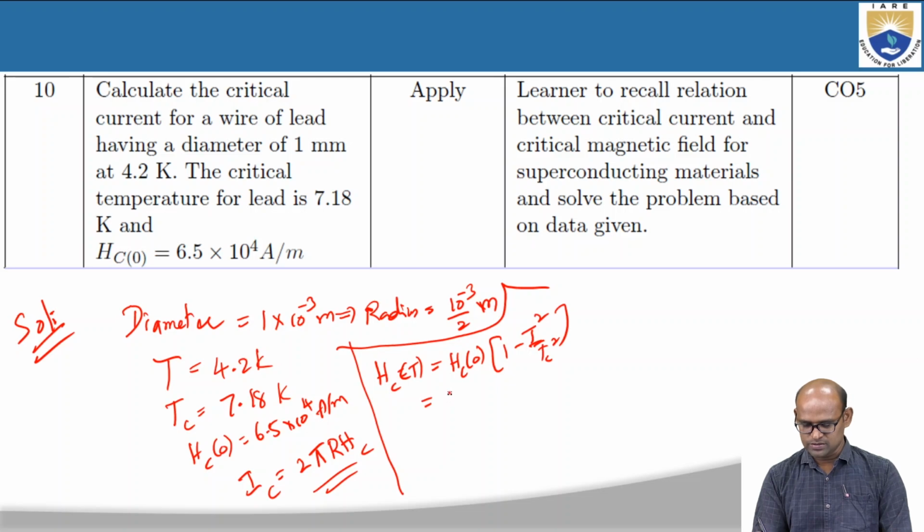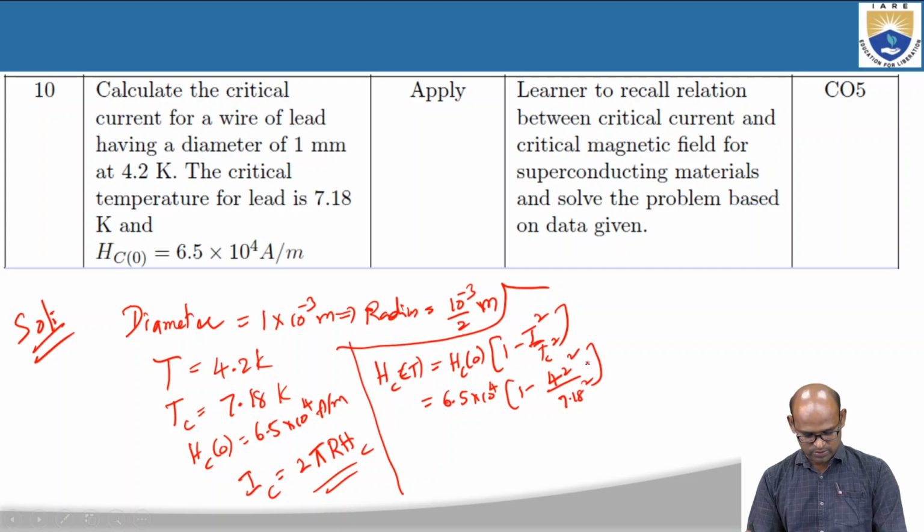Hc of 0 is 6.5 into 10 power 4, T is 4.2 square, and Tc is 7.18 square. So we get the value of Hc of T as 42.7 into 10 cube amperes per meter.